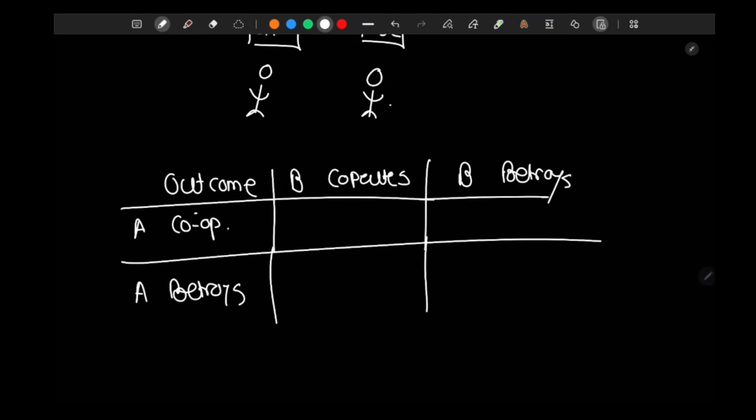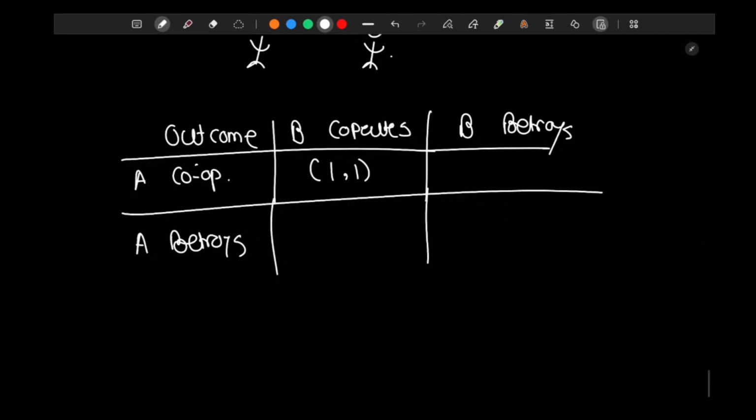Right? As the police say, if both of you accept that you have done the robbery, both of you will get 1 year in prison. Not the best case scenario, but still a good scenario.